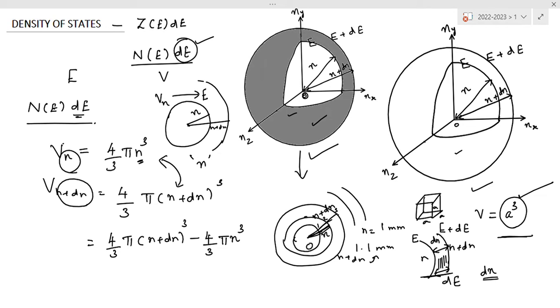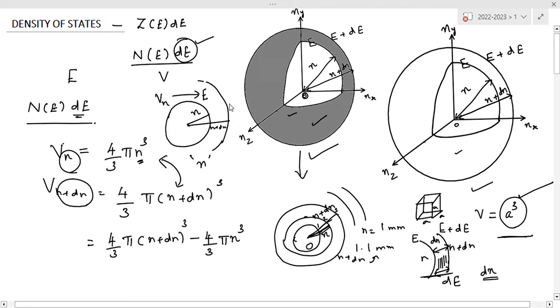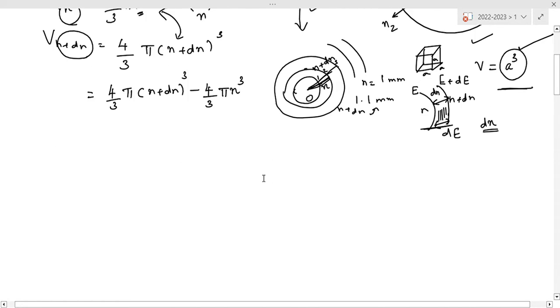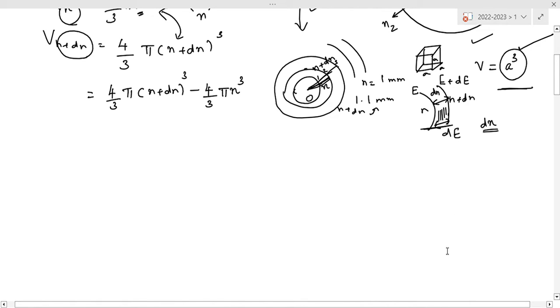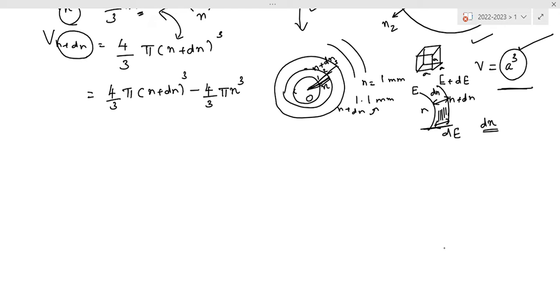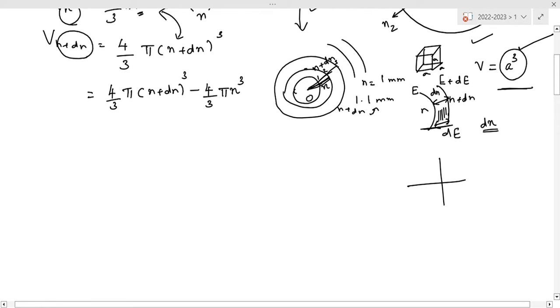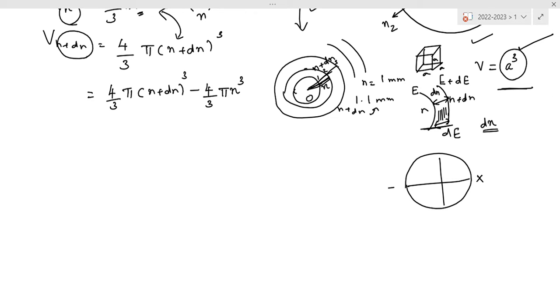Now we are going for the quantum numbers nx, ny, nz. We are going to consider only the positive values of the quantum numbers. We know about the quadrant. For example, if I consider a circle, there are positive x-axis, negative x-axis, positive y-axis and negative y-axis.